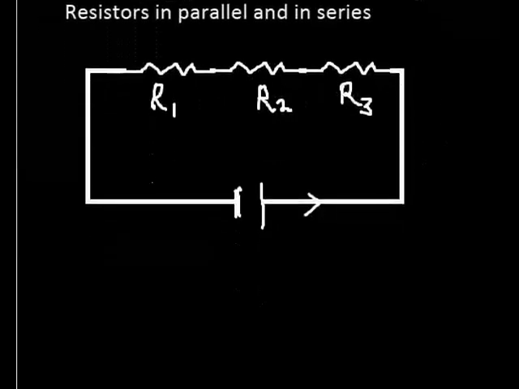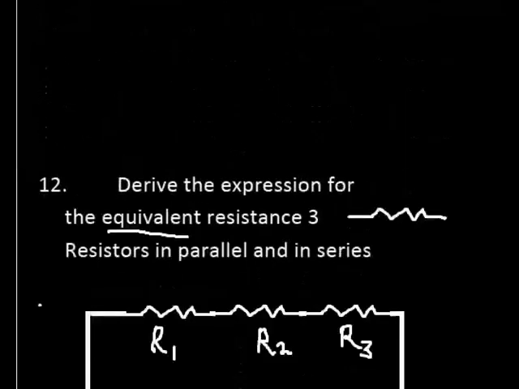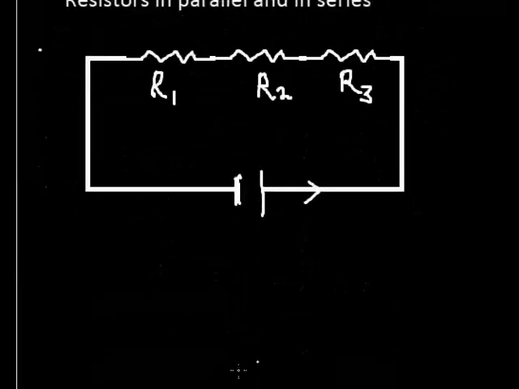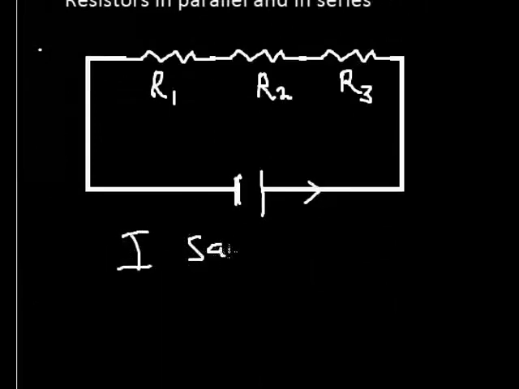So for series connection, please take note, current is the same, but what actually varies is the voltage, okay. The voltage across this is different, but the current is the same. So voltage, or the PD, varies.